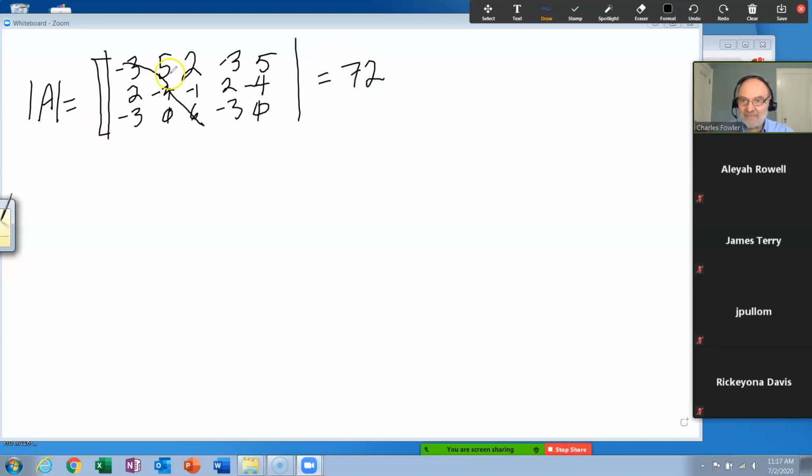The second down diagonal, 3 times 5 is 15. Notice I'm taking care of the signs as I go. And then the third diagonal, I like that one. What does that give you? 0. Okay. Now, I've done the down diagonals. Notice I used the positives of those.